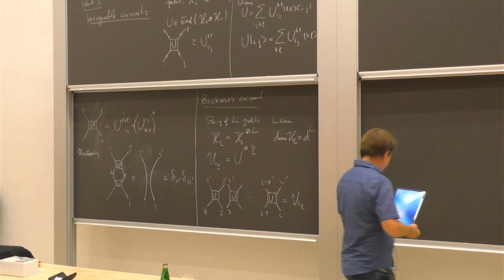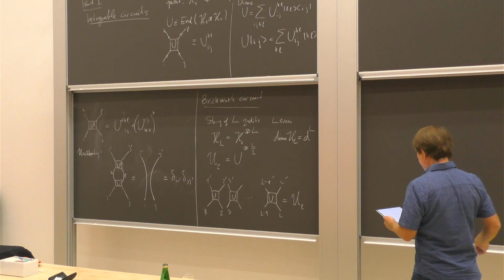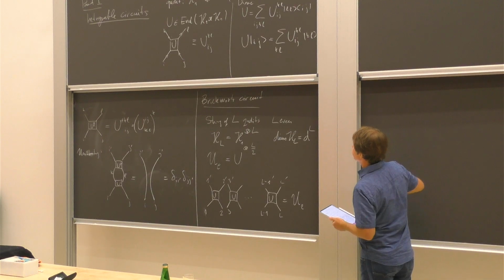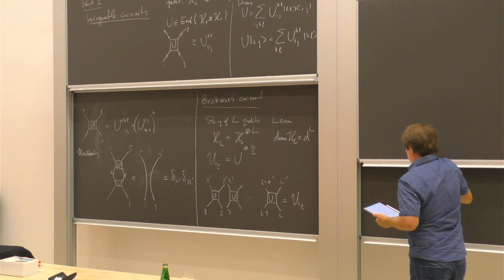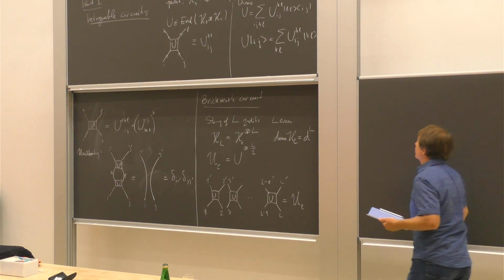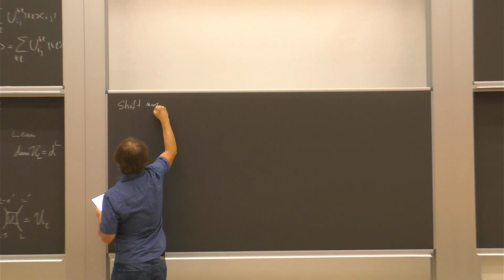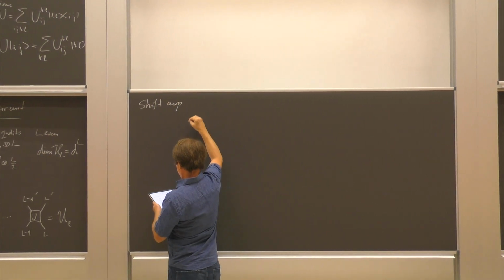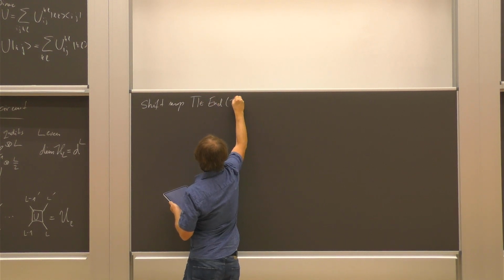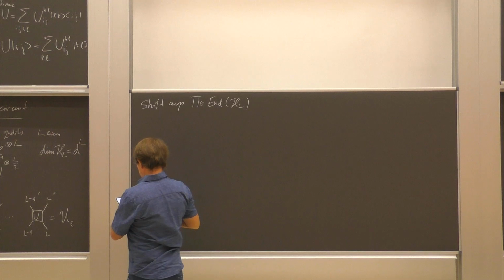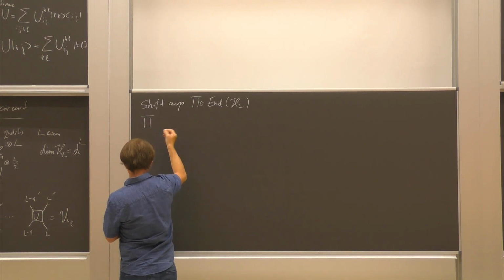So now, to make something non-trivial, we have to do two more things. We'll define a shift map. The shift map again is a unitary, which I'll denote as pi, and it's completely specified by its action on a basis of product states.